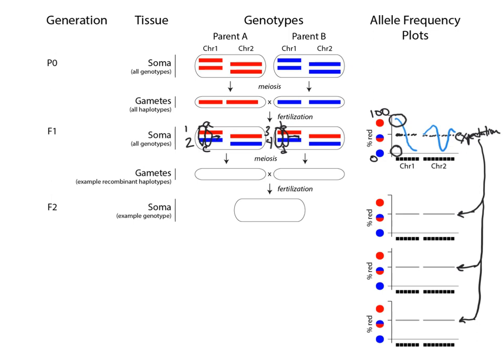So in summary, this is the concept of transmission ratio distortion. We generate an expectation, and then we experimentally look at hybrid genotypes. We genotype a bunch of individuals, and then we plot the distribution of genotypes across one or multiple chromosomes, and we look for regions where there's statistically significant divergence between the observed values and the expected values.